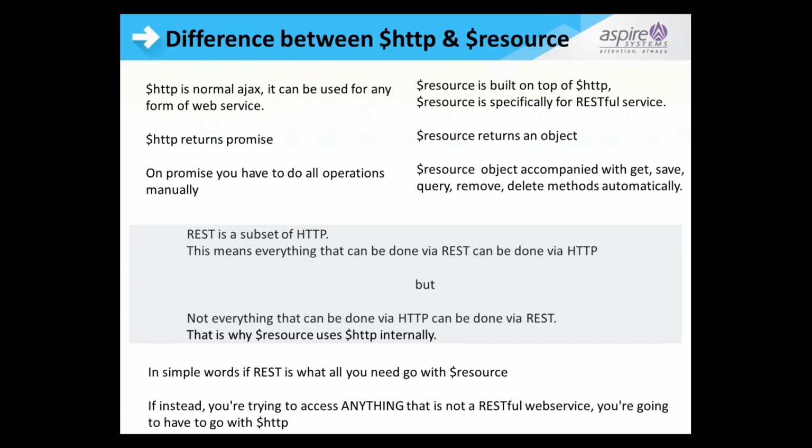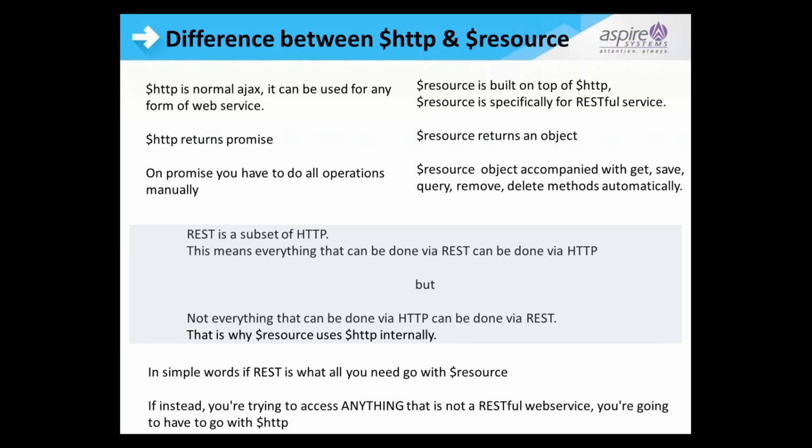These are the differences between $HTTP and $resource. As I said, $HTTP is a normal AJAX, but $resource is built on top of $HTTP specifically for RESTful services alone. Remember this: if you're not using RESTful services, don't go with $resource, always go with $HTTP. $HTTP returns promises, as we saw, but $resource doesn't return any promise at all.